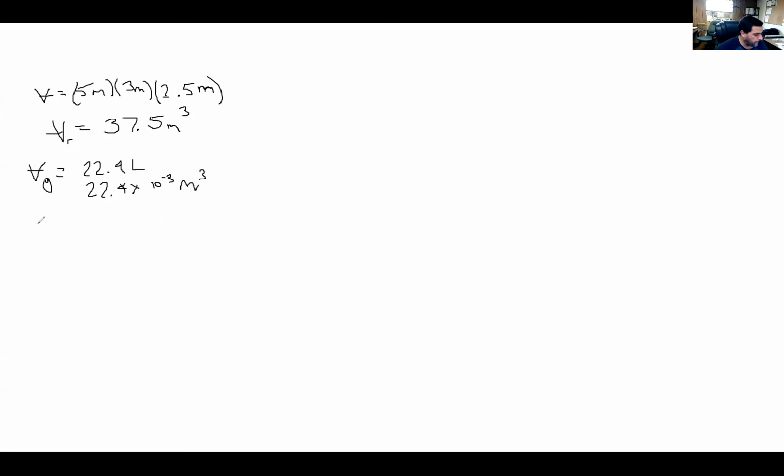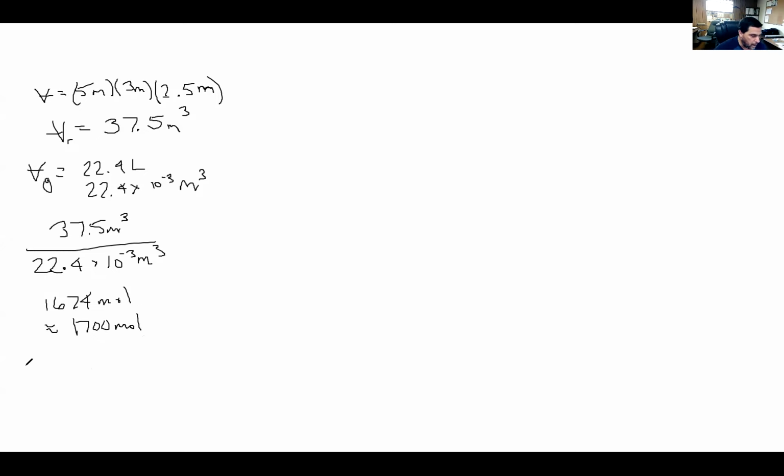So if I do my 37.5 meters cubed divided by the number of moles per 22.4 times 10 to the minus third cubic meters, we end up with 1674 moles, or roughly 1,700 moles.